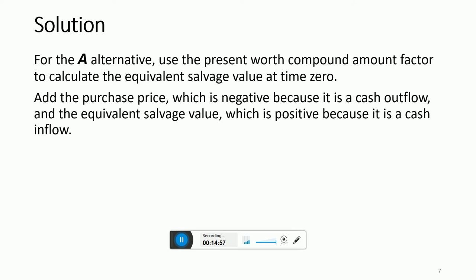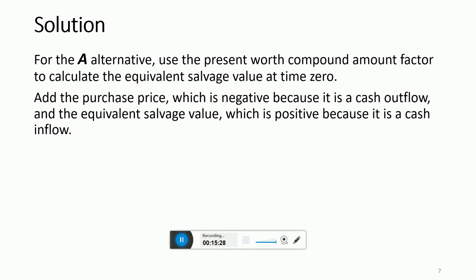So as we have seen in the cash flow diagram, all the positive cash flows were upward and all the negative cash flows were downward.